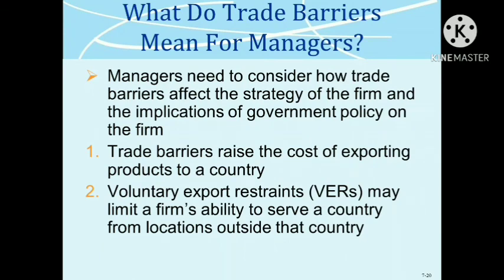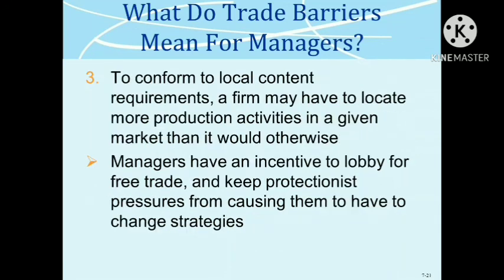What do trade barriers mean for managers? Managers need to consider how trade barriers affect the strategy of the firm and the implications of government policy on the firm. One, trade barriers raise the cost of exporting products to a country. Number two, voluntary export restraints may limit a firm's ability to serve a country from locations outside that country.